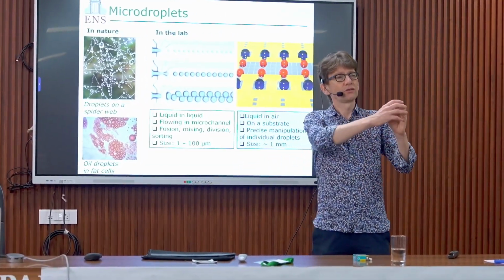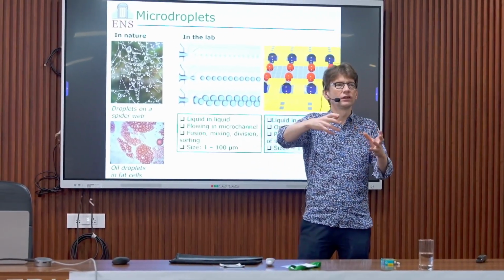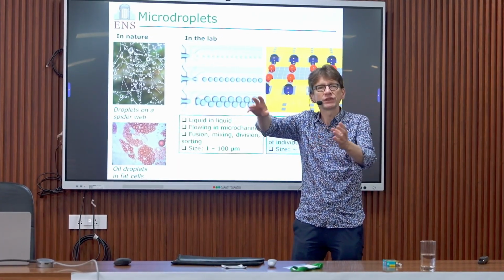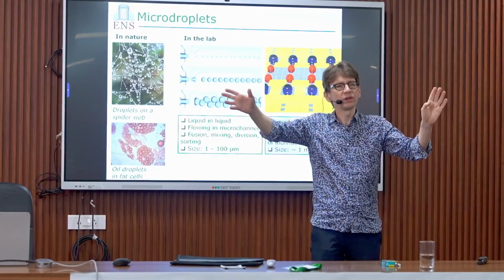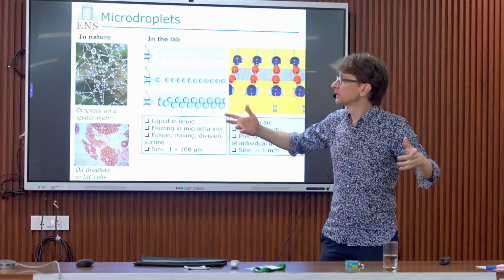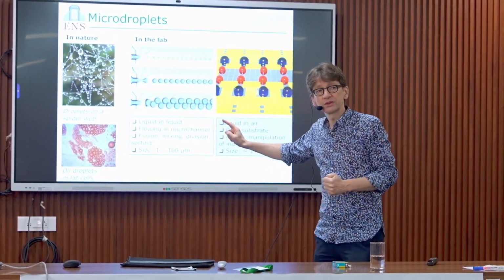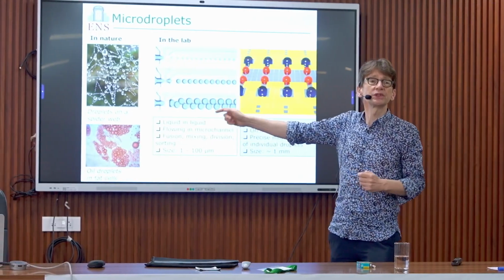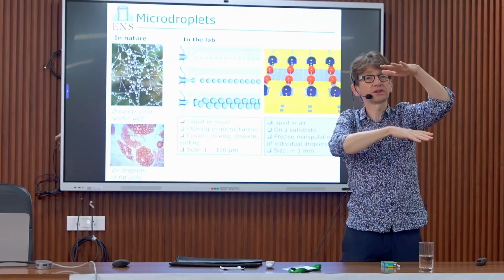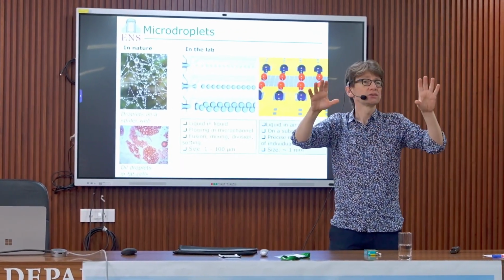You have a fluid, for example water, another fluid, oil, but you also have your channel walls. In this case, you cannot just consider the capillary number, which is only at the liquid-liquid interface. When you do microfluidics with droplets, you have another very important interface, the solid-liquid interface, between the channel walls and your continuous phase. And this is mainly controlled by wetting.